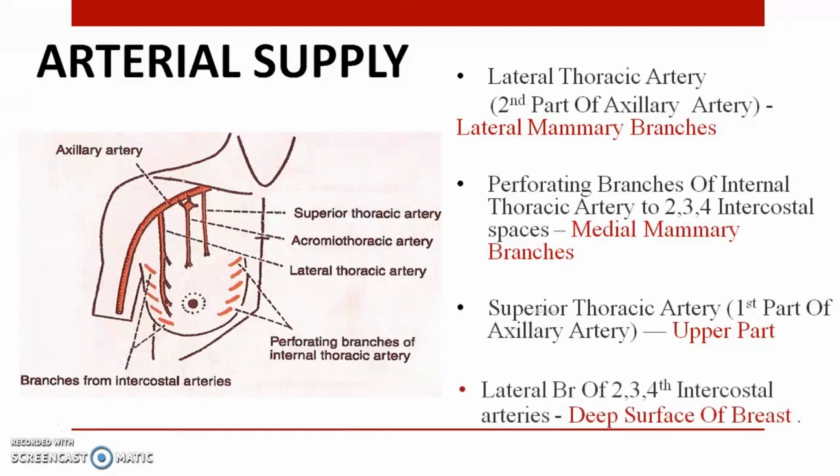Another important thing: these are the features we see superficially. The deep surface of the breast gets blood supply from the second, third and fourth intercostal arteries, but from their lateral branches.